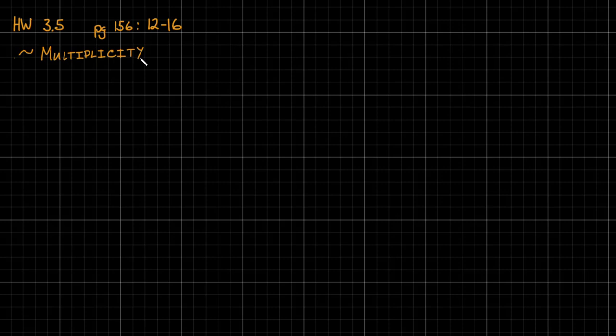I don't know, maybe it is. What's the root word of this? Multiple. And we literally just looked at a bunch of graphs where the factors showed up multiple times, right? So there's a connection between this word and what we just saw happening. As we look at this, we're going to define multiplicity nicely. We're going to say, given a factor of a polynomial, and we'll write out some specific things.